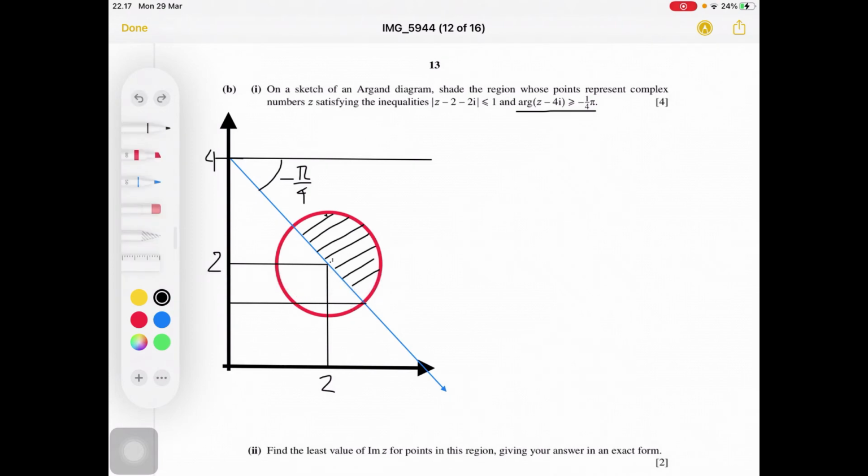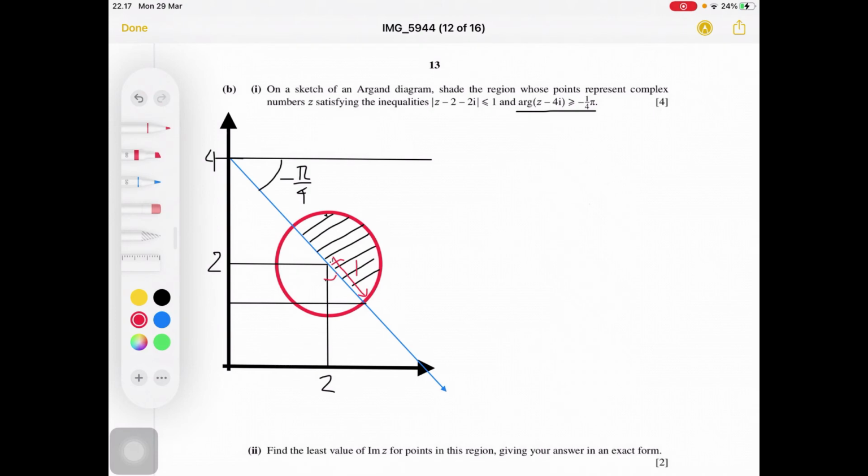Since this one is 45 degrees, the angle here is 45 degrees. And we know that the length of this line segment is 1.